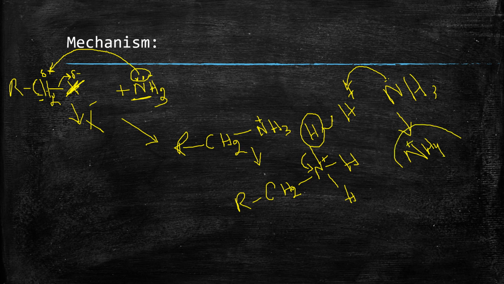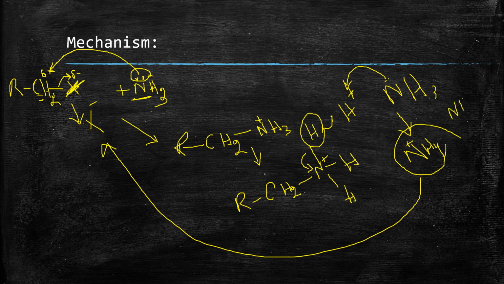Now this NH4 positive will be combining with this X negative to form NH4 positive, X negative, right? This is the salt that's formed as a result of this reaction.